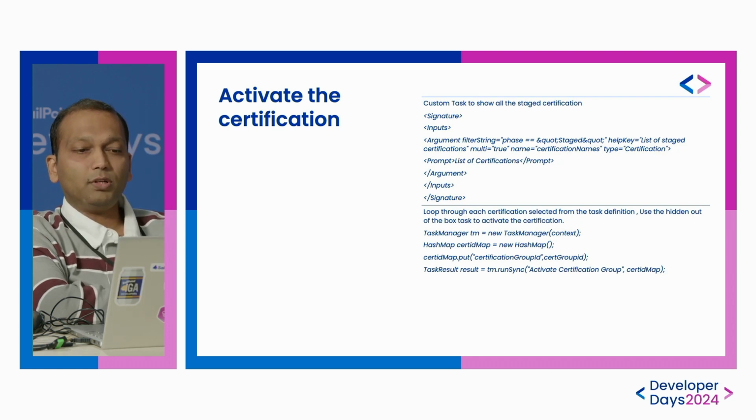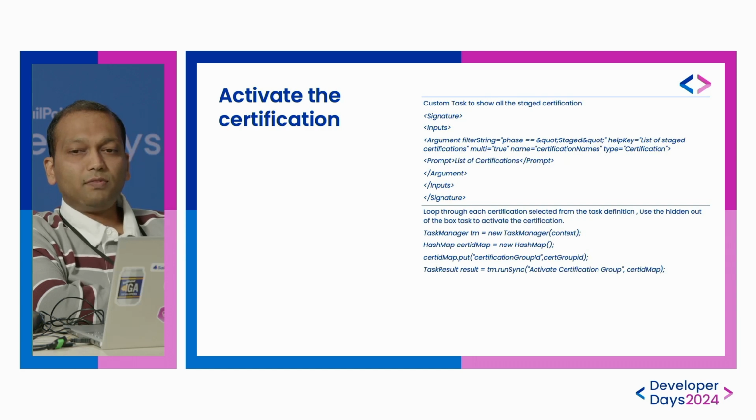It will create a multi-select drop down with all the staged certifications showing up, and it will allow the user to select all the certifications that they want to activate. And once they click submit, the next step is to activate the certification.